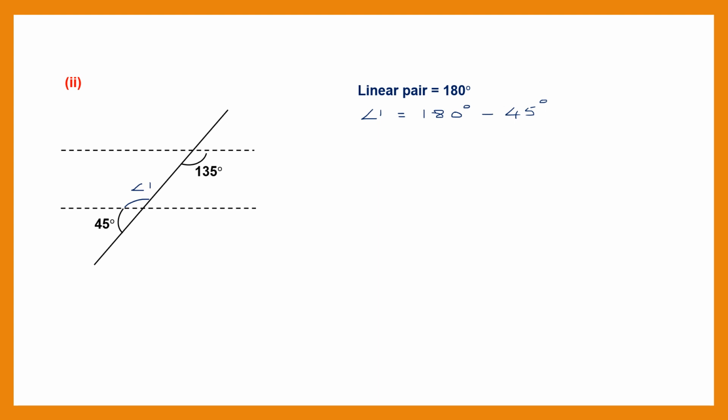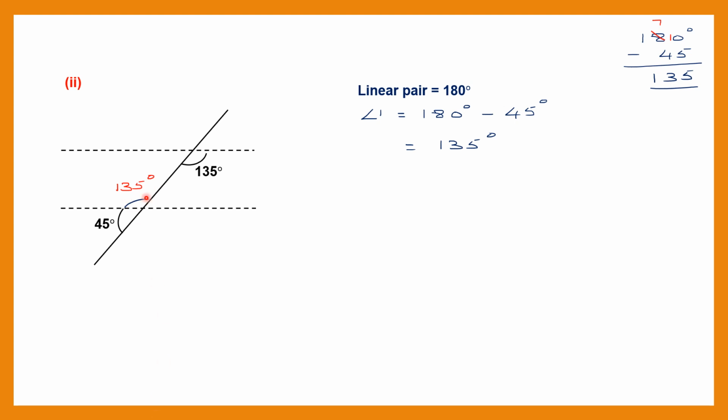So let me minus these two and see what I get. 180 degrees minus 45 degrees. So here let's borrow. So this is 7, 10. 10 minus 5 is 5. 7 minus 4 is 3 and 1. So I have 135 degrees. That means my angle here, I have found it out to be 135 degrees.